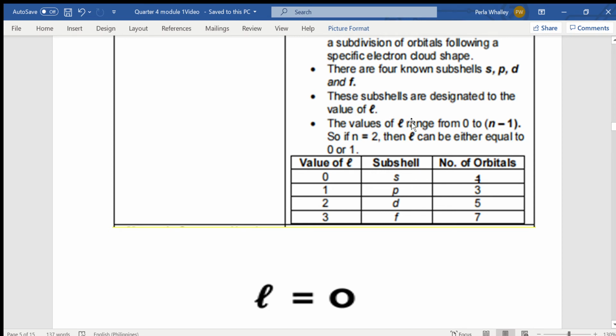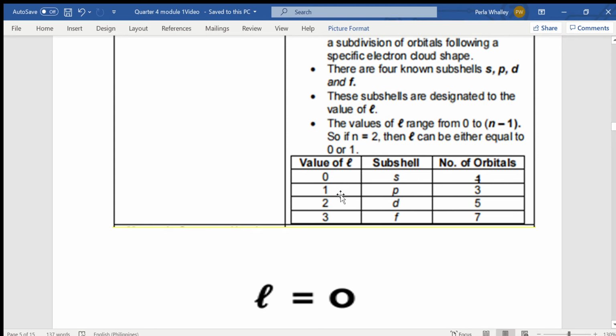The sublevels are designated to the value of l. These values of l range from 0 to n minus 1. So if n is equal to 2, then l can be either equal to 0 or 1. If the value of l is 0, subshell is s, and s has 1 orbital.